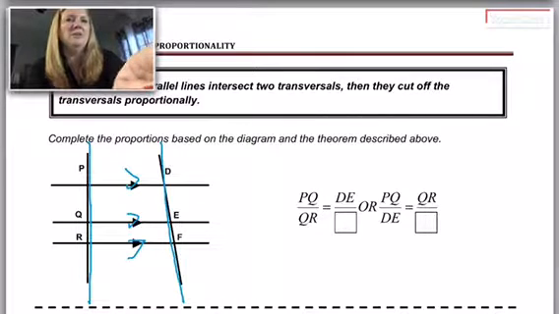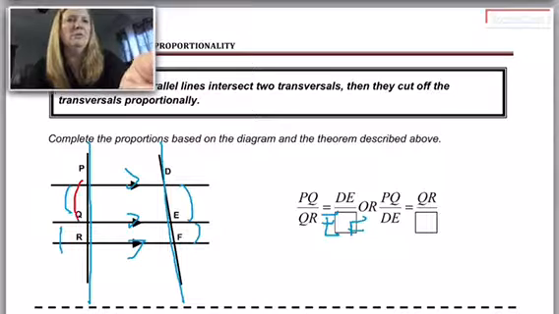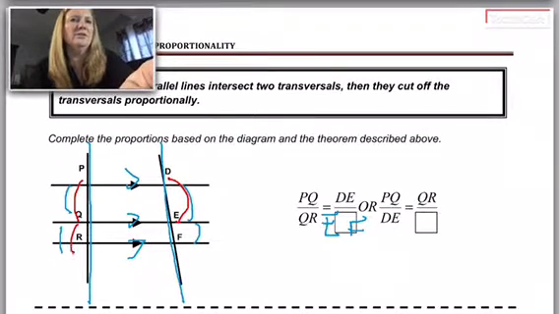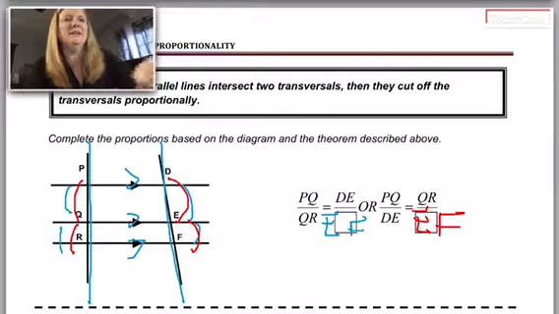So PQ over QR is congruent to DE over EF. Or, let's use a different color, PQ over DE is congruent to QR over EF. Okay, again, more than one way to set it up.